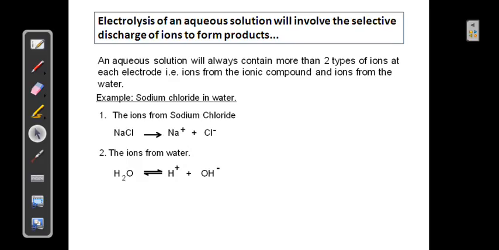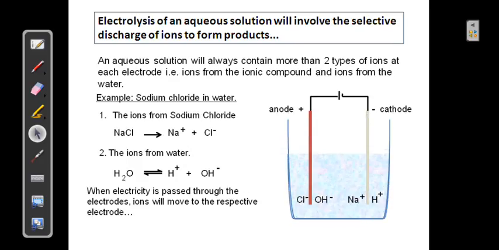So now if you look at this, you can see you have Na+ with Cl-, and you have H+ and OH-. So you have 4 types of ion here. So when electricity is passed through the electrodes, ions will move to the respective electrodes.